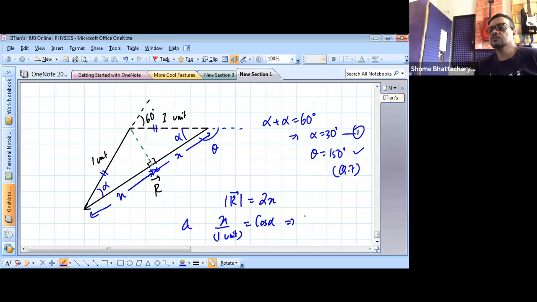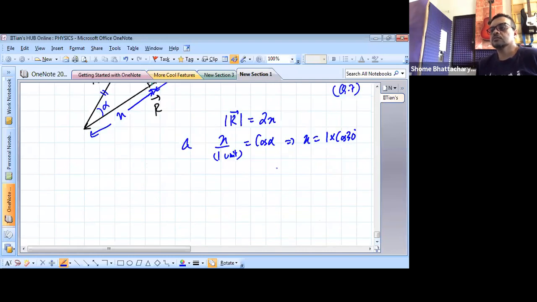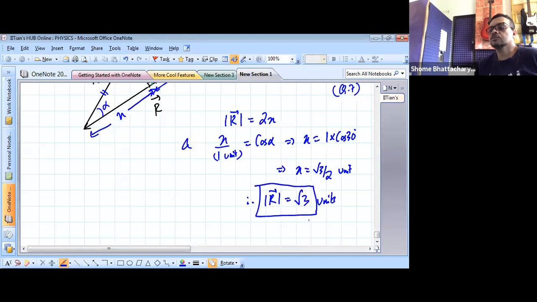So x is equal to 1 into cos 30. So x is equal to root 3 by 2 unit. Therefore, magnitude of r will become twice of x, or root 3. So that becomes the answer to question 6.